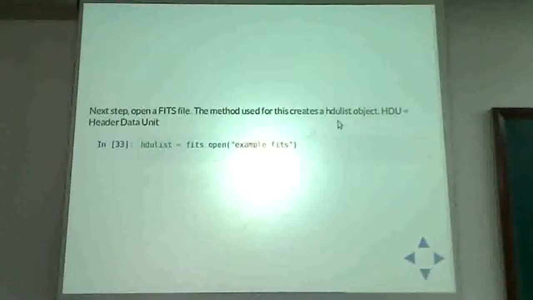Now every extension has again two parts. There is the header, which contains metadata that describes what kind of data is stored in that extension, and the data refers to the actual array or whatever which contains that data. So if you're talking about images, it's a 2D array.